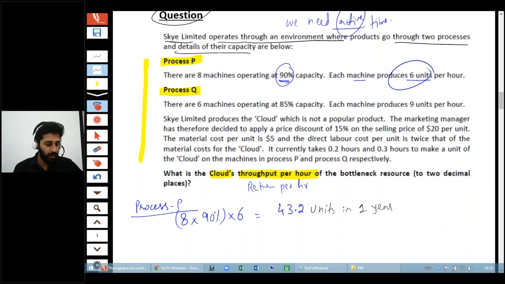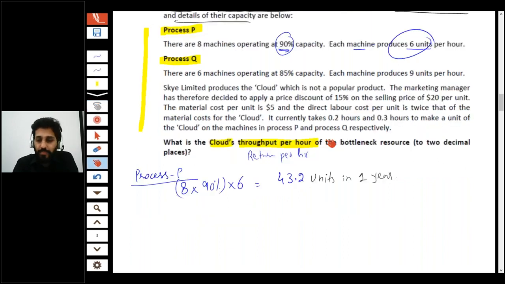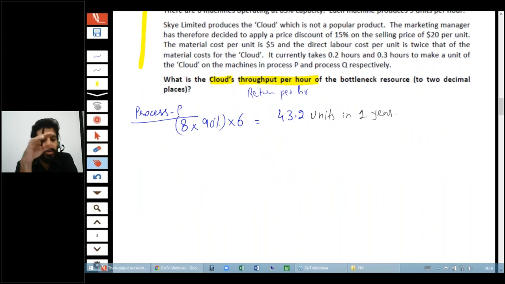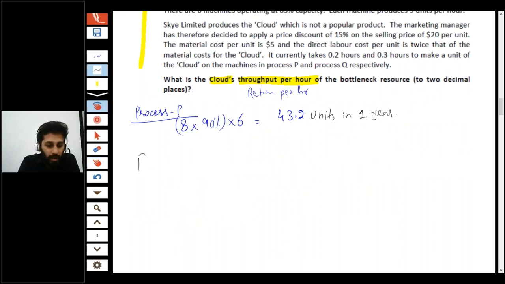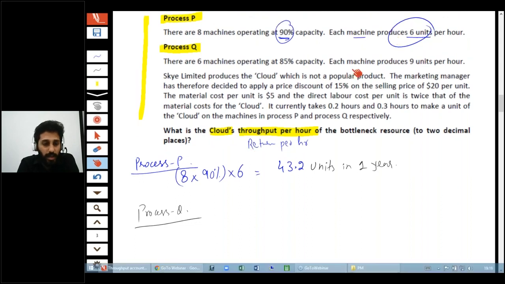Where would it be transferred? To process Q. Now see that these 43.2 units would be transferred to process Q. So here I will be writing process Q. There are 6 machines and the same story is there.